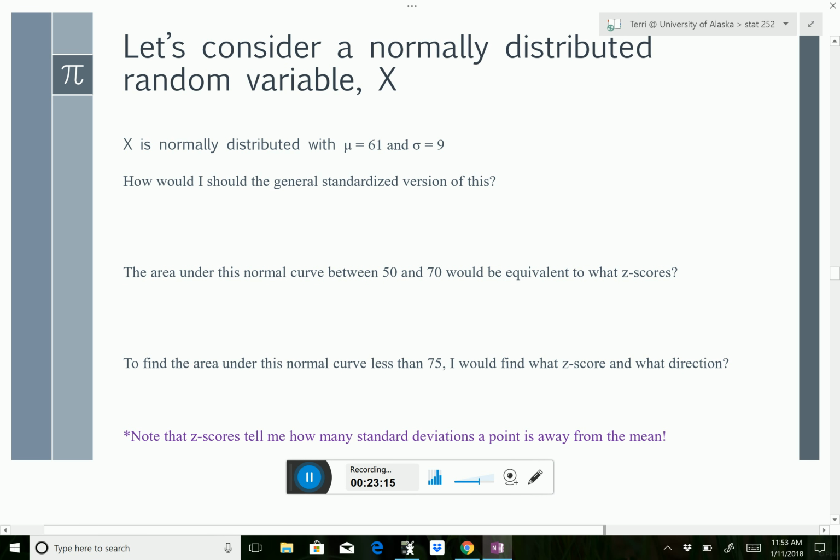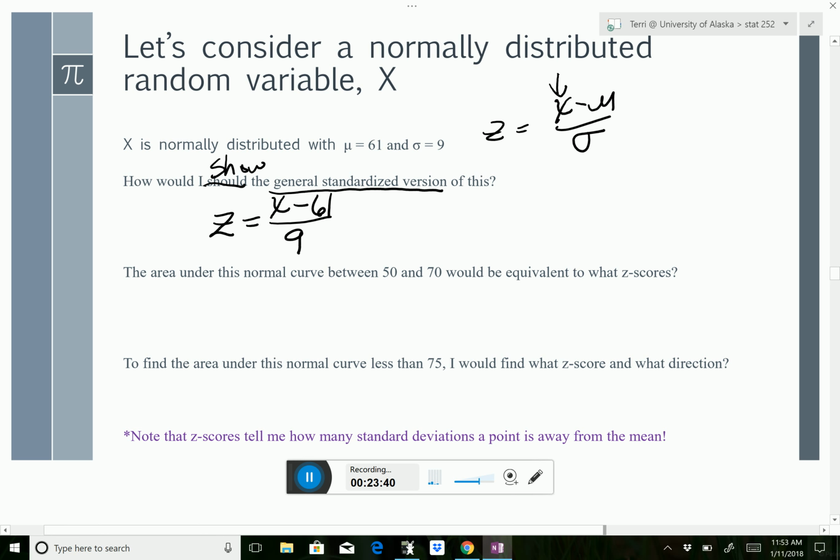How would I show the general standardized version of this? So remember, it's X minus mu over sigma. So generally, we don't have an X to plug in, so we're just going to keep X there. Z equals X minus 61 over 9. So just plug in your mu and your sigma. This is the general standardized version.